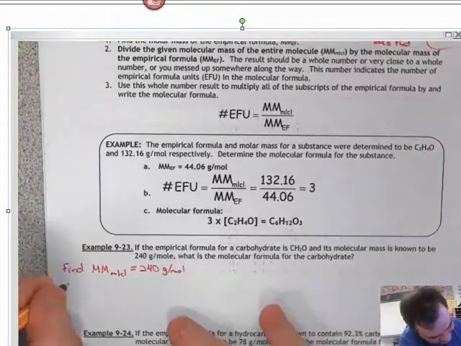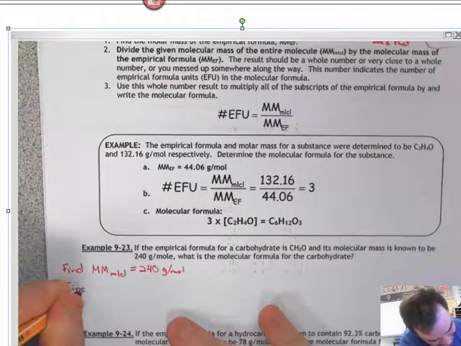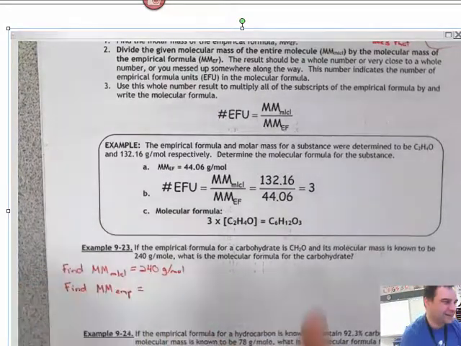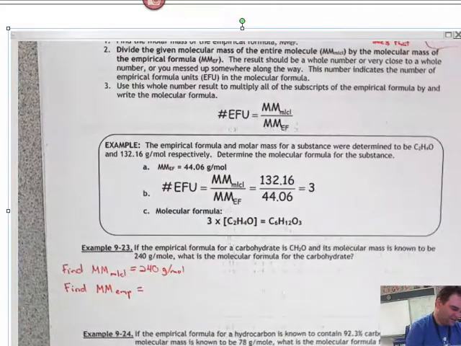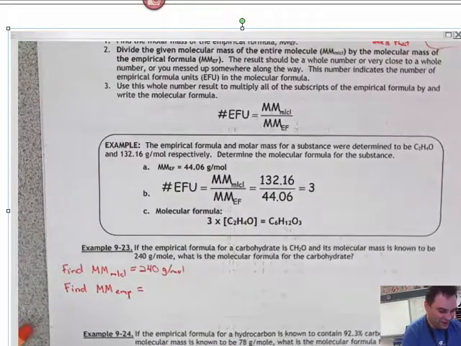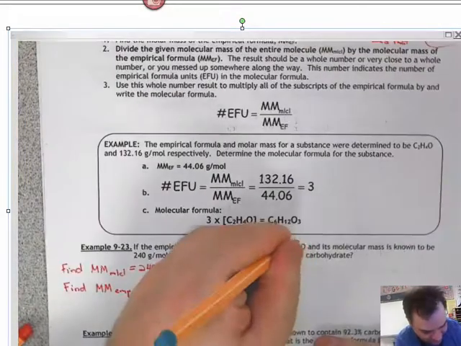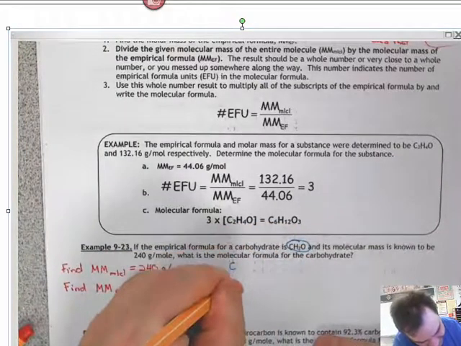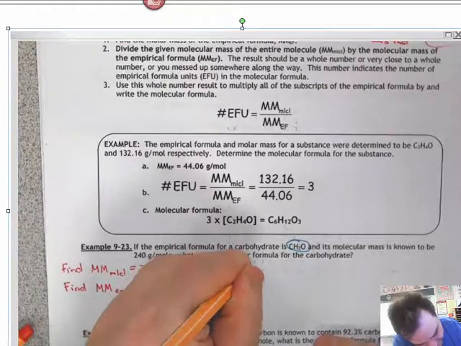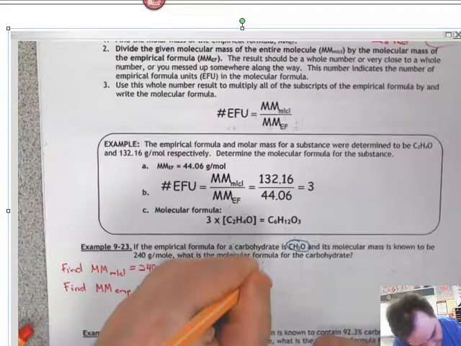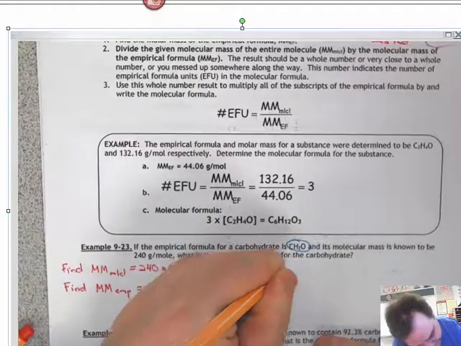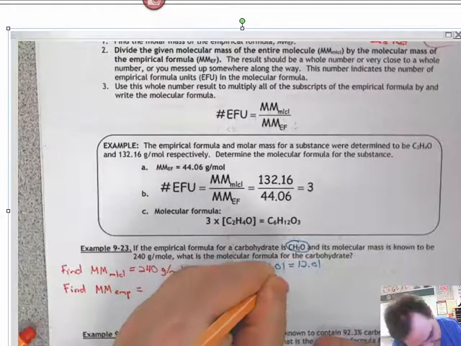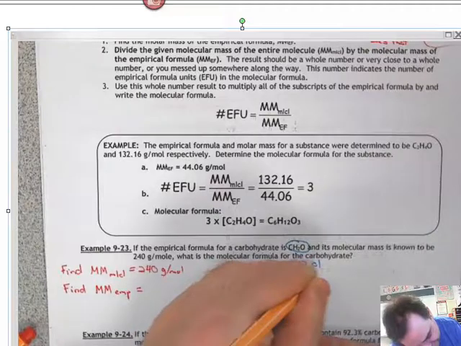Step 2. Find molar mass of empirical. Luckily, we have the empirical formula here as CH2O. So we're going to do C, H, and O. We got 1, we got 2, we got 1. 1 times 12.01 is 12.01. 2 times 1.01 is 2.02.